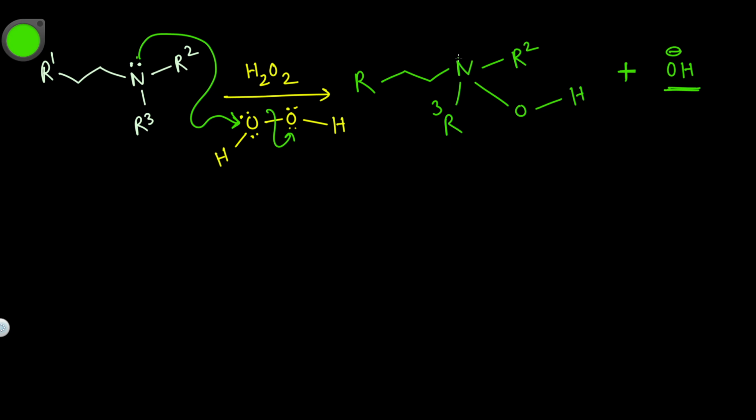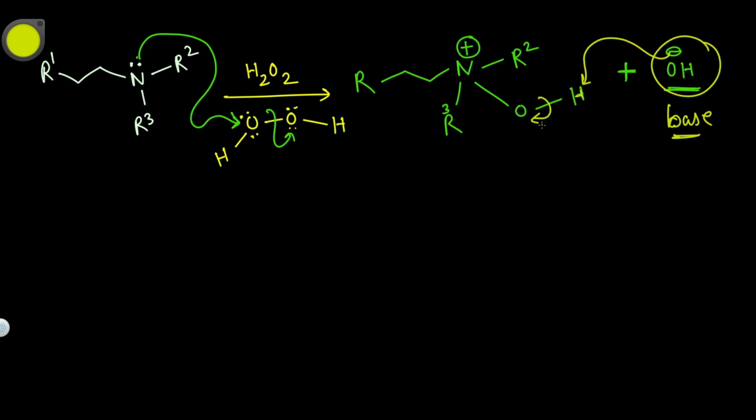Of course, this is R3, and there are four bonds on the nitrogen, so that's why you will get a positive charge on this nitrogen. Now what happened? This OH minus is acting as a base, so it will take a proton from this oxygen hydrogen.